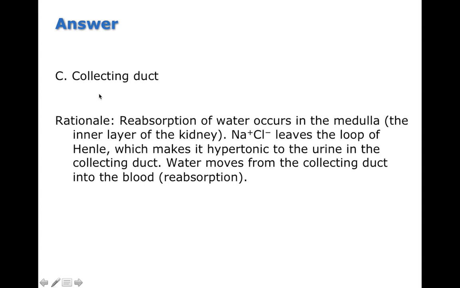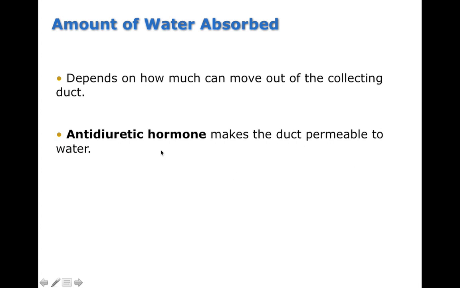So the collecting duct is the next best answer of the ones that are listed, and this is associated with the reabsorption of water, but it is under the control of antidiuretic hormone. In the absence of antidiuretic hormone, you won't reabsorb as much water, so you're going to make a bigger volume of dilute urine. But if antidiuretic hormone is present, it's going to stimulate the cells of your collecting duct to reabsorb more water, and then you're going to make a smaller volume of highly concentrated urine.